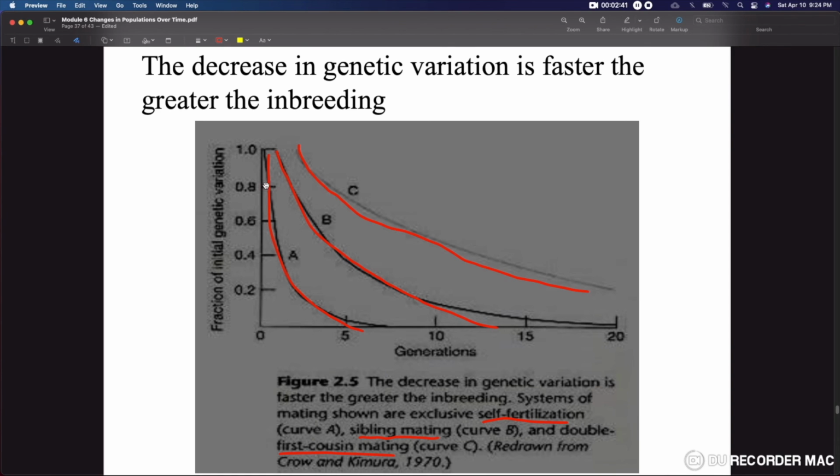Look at that letter A. The drop in genetic diversity, in genetic variation, is super steep. Yeah, well, look at this. Your first cousin mating, you can still survive, no? Mas okay pa siya, di ba? First cousin mating than your sibling mating. Of course, that's a no-no.